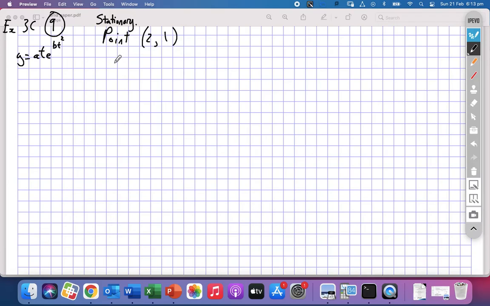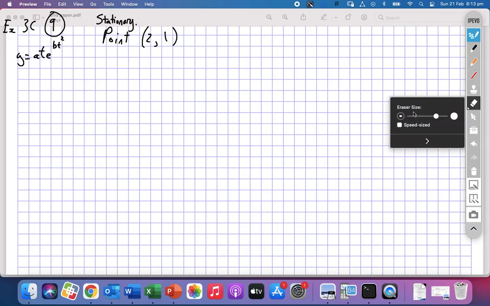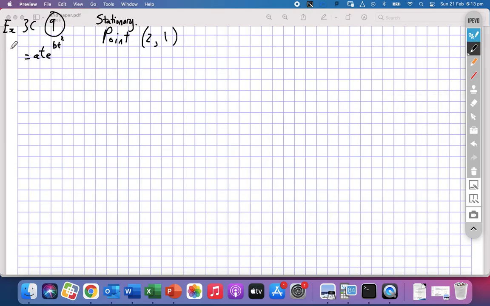Therefore, the derivative, and let me write it properly in function notation, we could say the derivative will equal 0 when t equals 2.